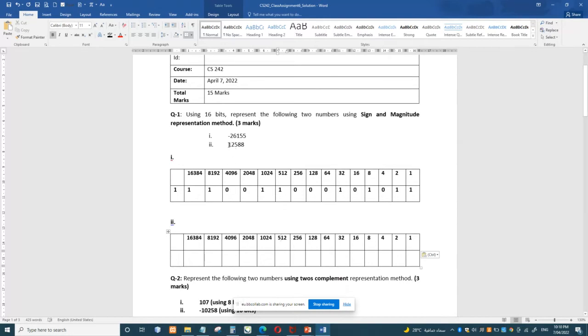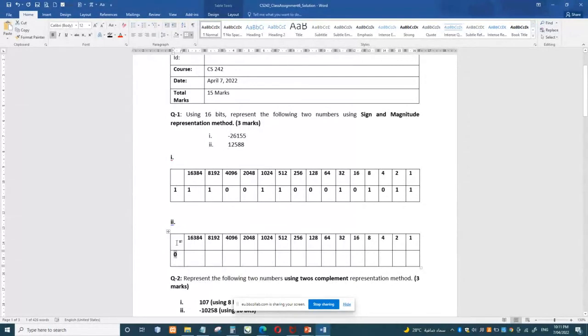So our next problem is the positive number 12,588, and you can see that we can easily put 0 here. As I told you, the leftmost bit should be used for the sign. Since it's a positive number, it should be 0 here. So 0 represents the plus sign and 1 represents the minus sign.